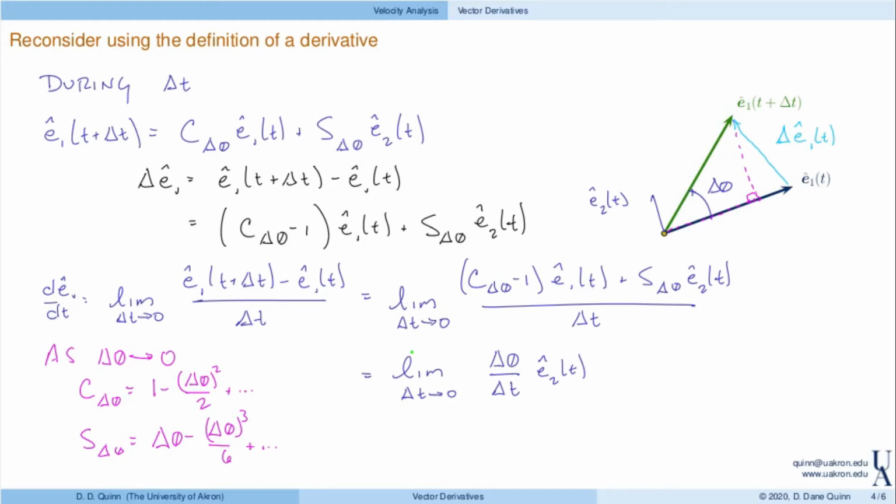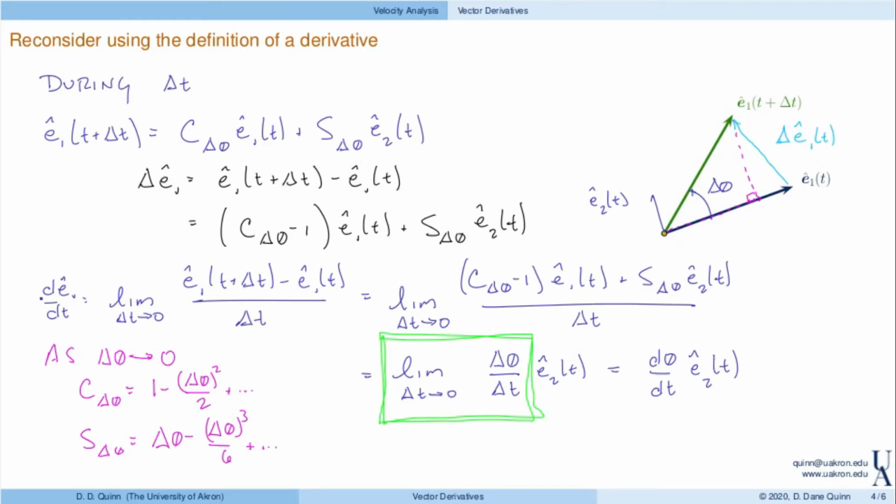So here, I recognize that this boxed term is simply d theta dt. That's the derivative of theta with respect to time. And it's in the E2 direction.